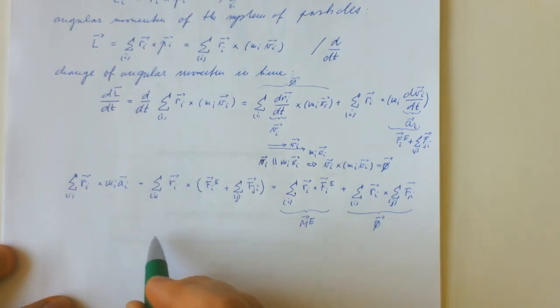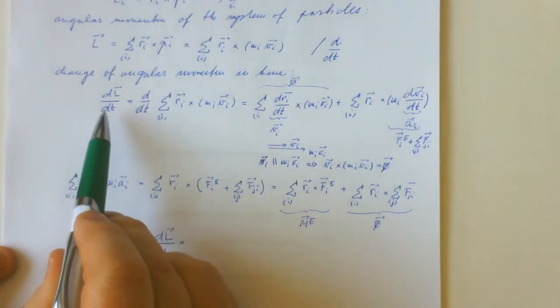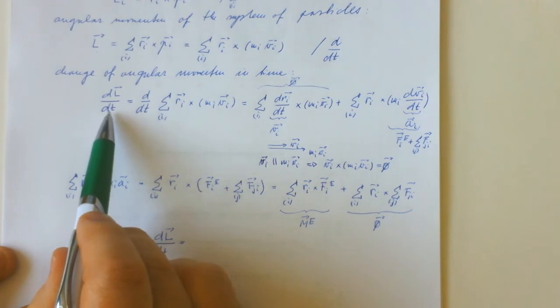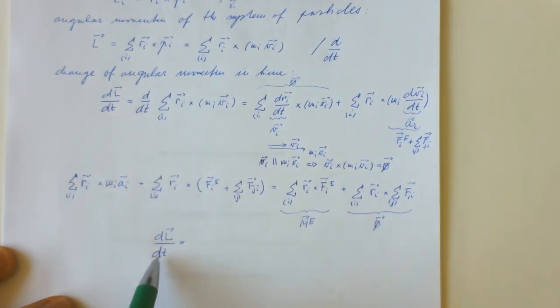Okay, so applying this, we get the law which says that dL over dt, finally, so let's notice here we started here, so I repeated here, is equal to Me.